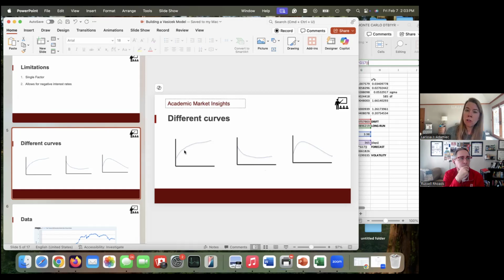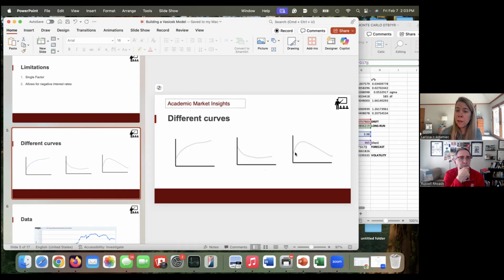So our normal yield curve, upward sloping. For the most part, we assume that eventually all of our curves are going to end up looking like this once again. It'll deviate. For example, we'll have something like this, and we've had markets like this very recently, where the shorter term rates are higher than the longer term rates.